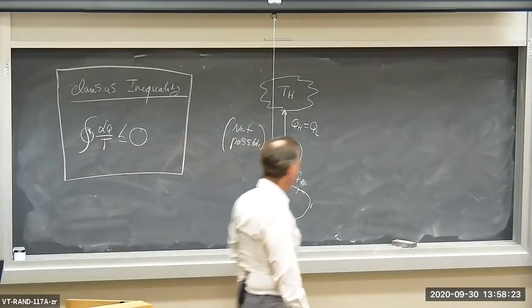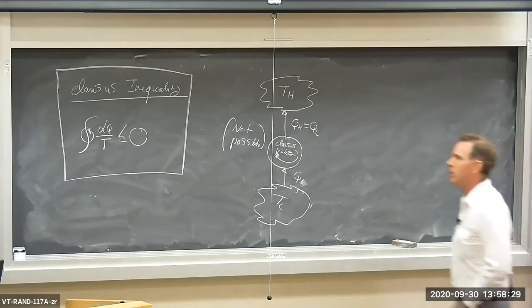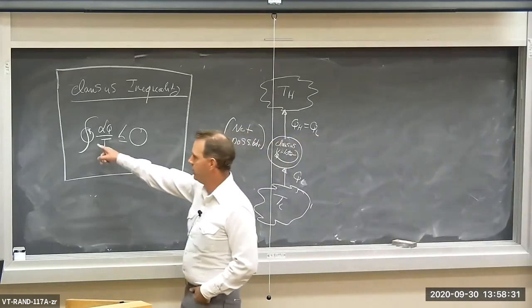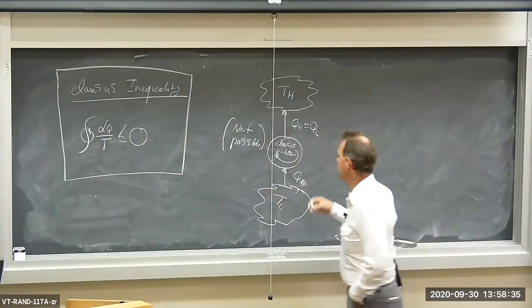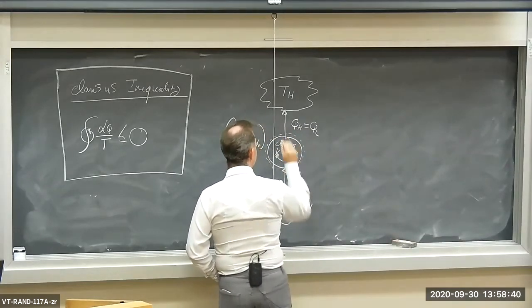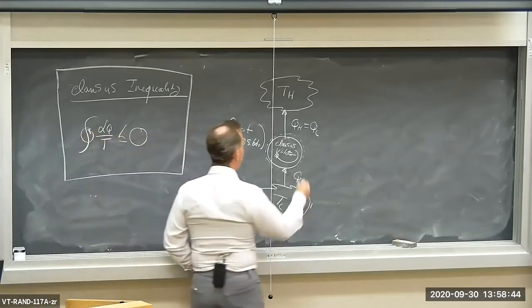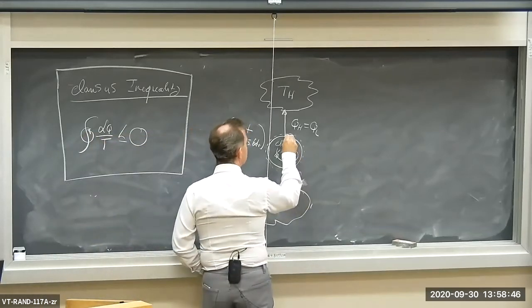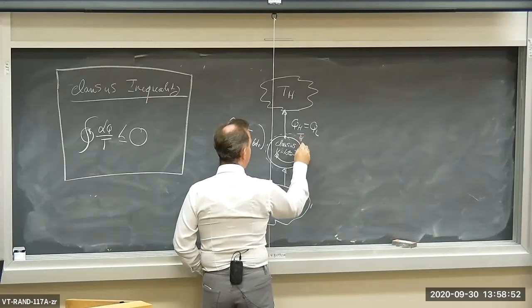Let's apply the Clausius inequality. Let's try to calculate this integral, the cyclic integral of del Q over T, for this device. So here's my device right here. If I put a thermometer here and I measure the temperature here, I'm going to get T high.